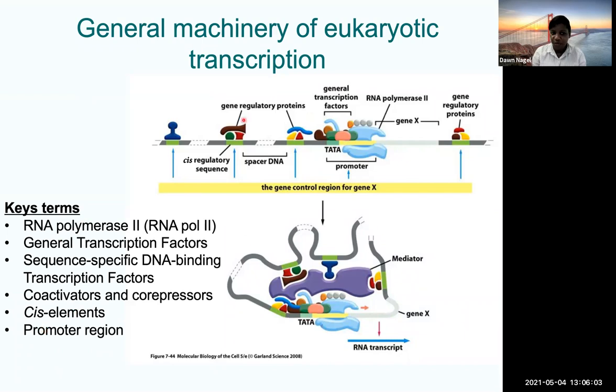Cis elements, we talked about cis elements and trans elements in the last lecture, but here we're talking primarily about cis elements. So these are elements that are present upstream of the gene that needs to be regulated. And in general, the whole promoter region. The promoter is a little bit more complex and a little bit longer in eukaryotes, as we will talk about.